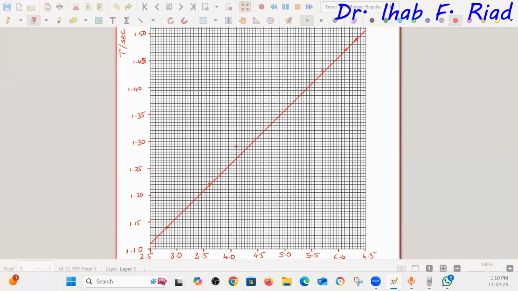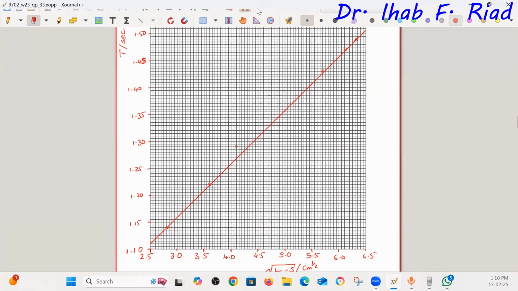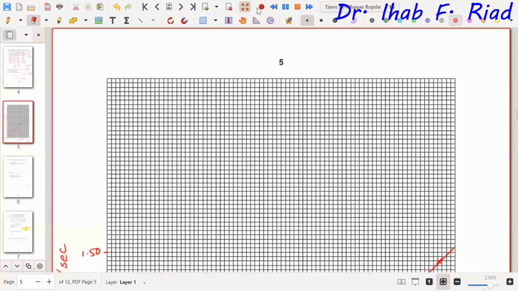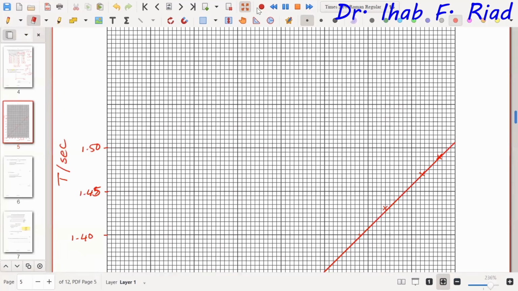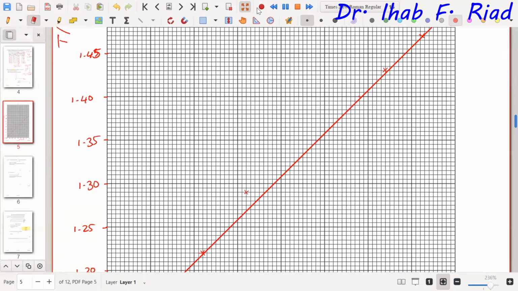Okay. Now we go for the gradient. So what are we going to do for the gradient? What do you think we should do for the gradient, Dean? We'll just do like a triangle.